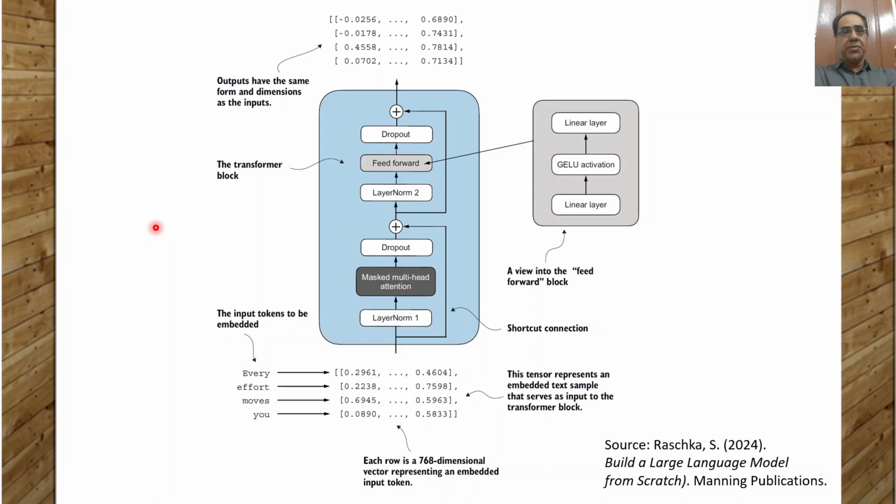In this typical illustration of a transformer block, the input tokens are embedded into 768 dimensional vectors, where each row corresponds to one token's vector representation, and the output of the transformer block is also 768 dimensional vectors, the same as the input, which can be fed into subsequent layers in an LLM.